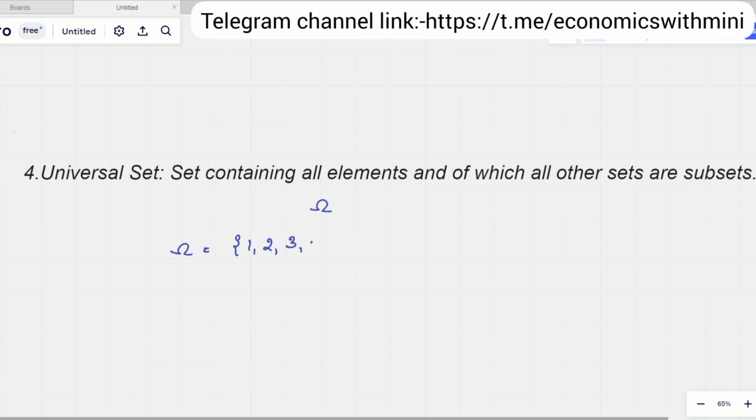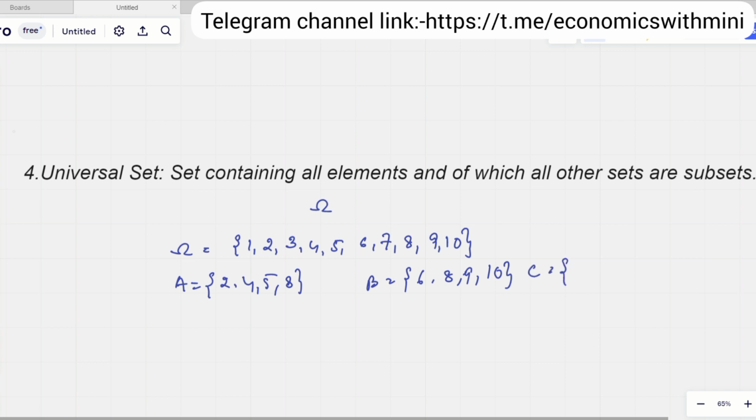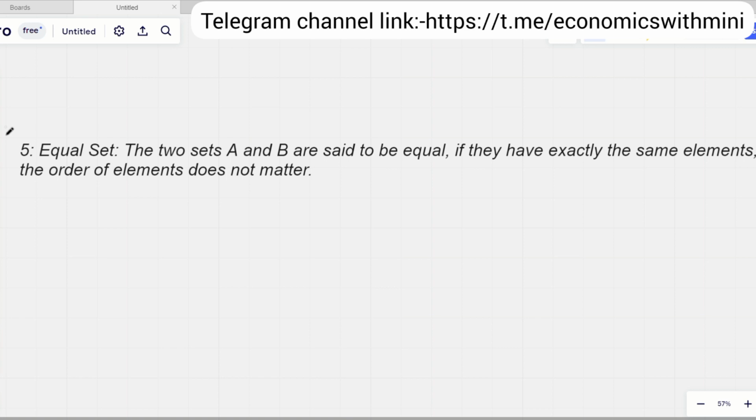Here 1 to 10 contains all elements, which is called the universal set, and A is just a subset of the universal set because it contains some elements from the universal set, same as B and C.